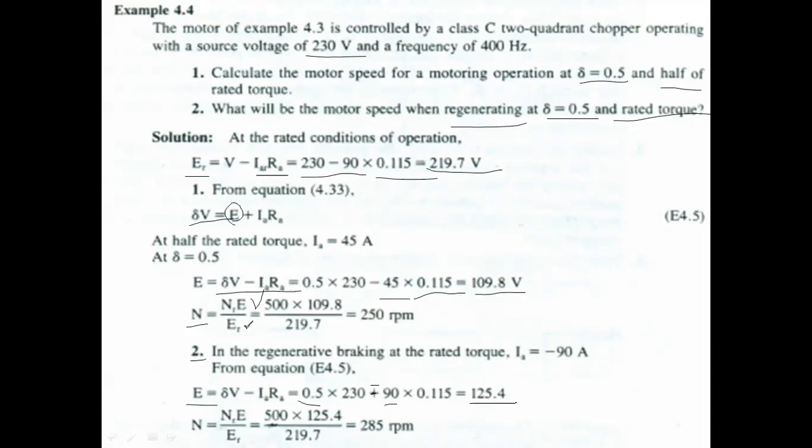So N is equal to NR into E by ER. Substitute the values. N is equal to 500 into E, which we calculated as 125, by ER, the same value 219.7. That is equal to 285 RPM.